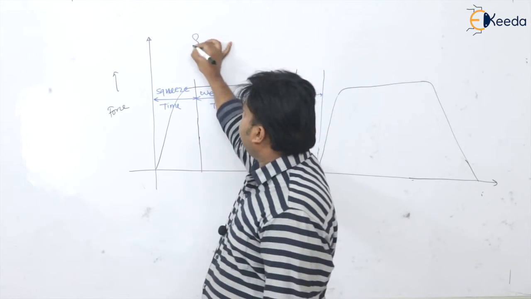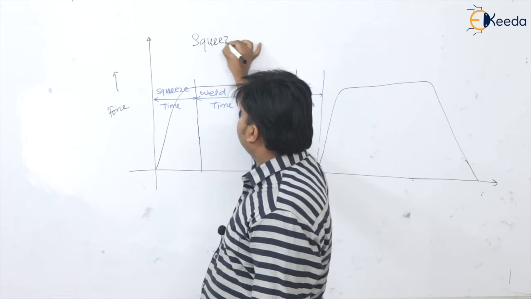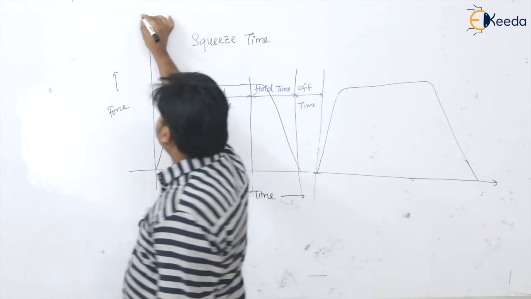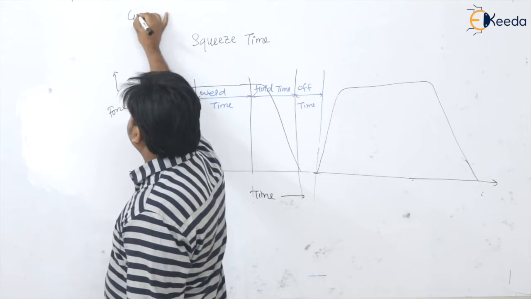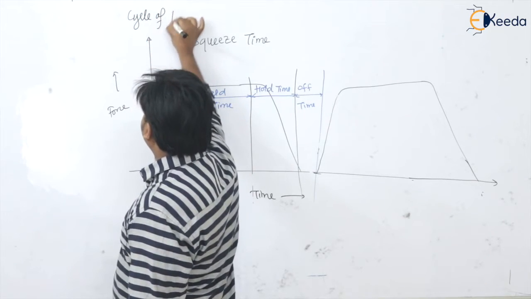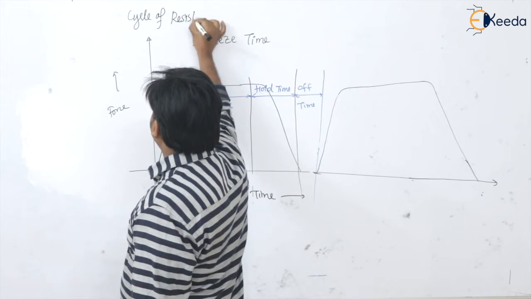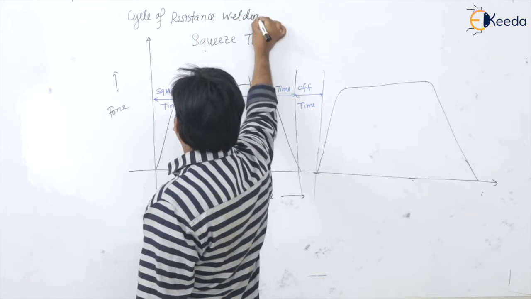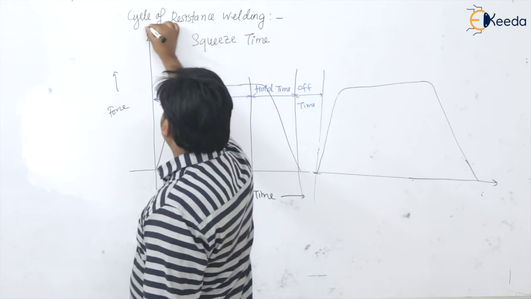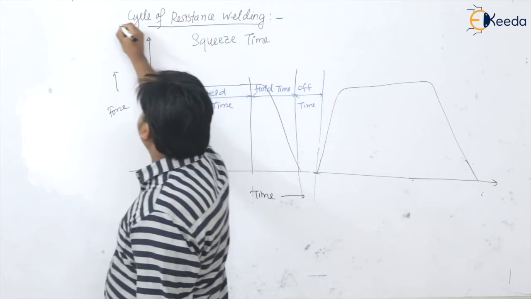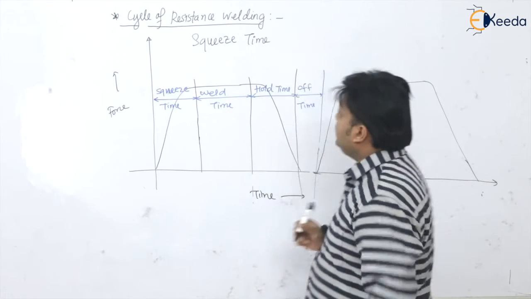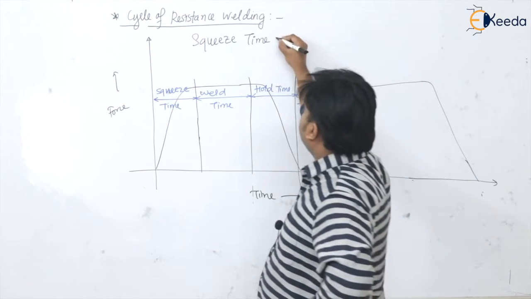That is squeeze time. I can put the title as the cycle of resistance welding. These are nothing but the continuous events that take place in resistance welding. So what is squeeze time?